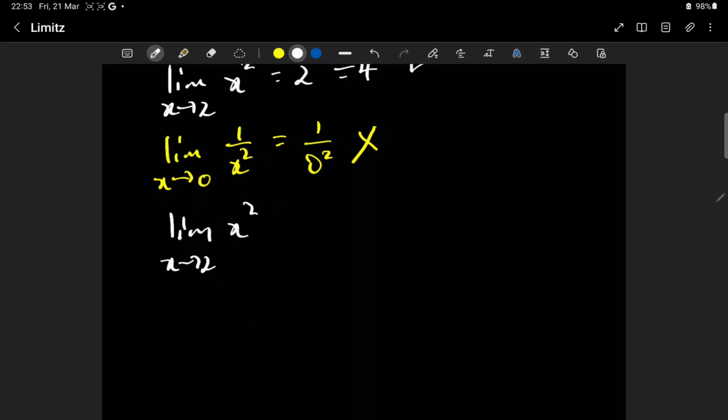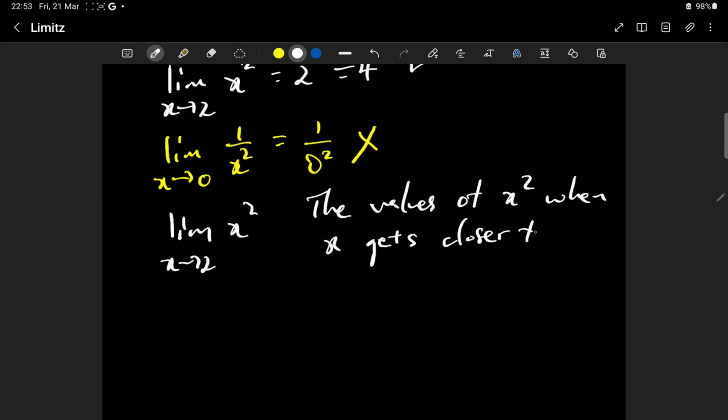When we talk about this limit, we want to look at the values of x squared when x gets closer to 2. In other words, what happens to x squared as x gets closer and closer to 2?